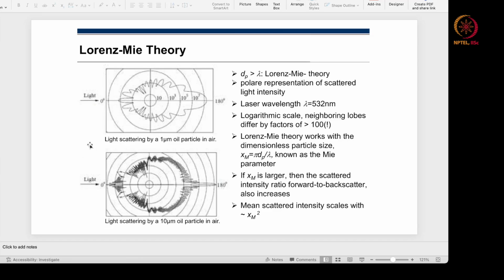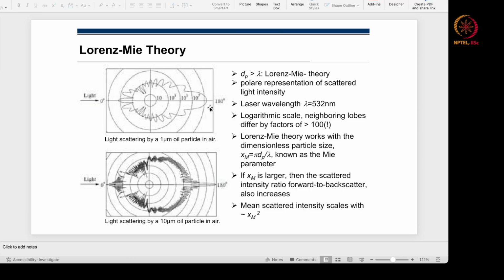So in the Lorenz-Mie theory, what happens is that when the particle size is greater than lambda, that means the droplet, particle or tracer diameter is larger than the wavelength, say 532 nanometer as one example, you can see the light scattering by about a 1 micron oil particle in air.